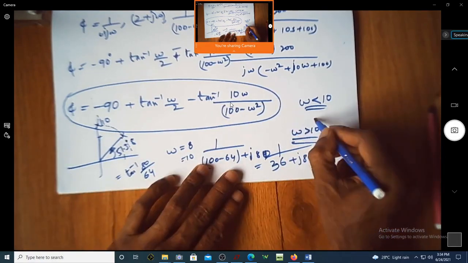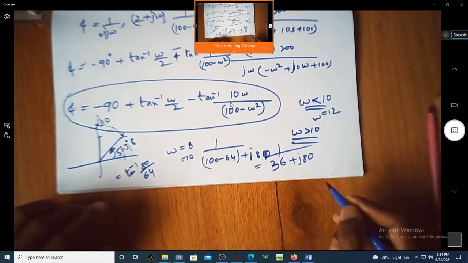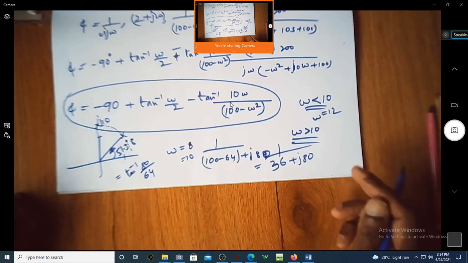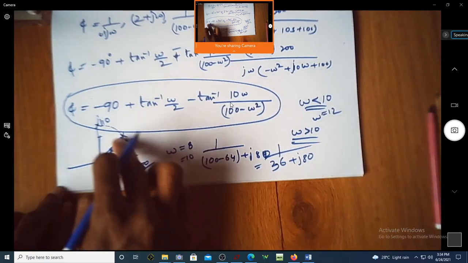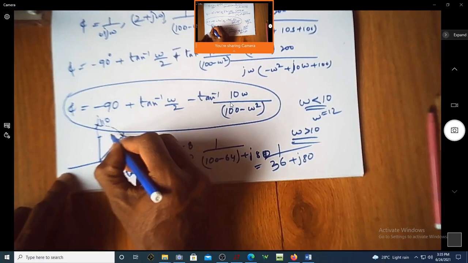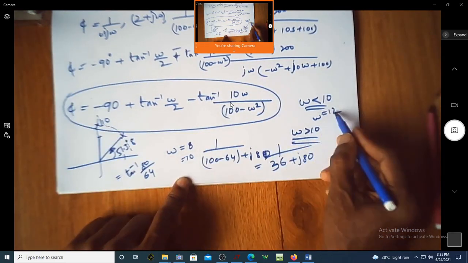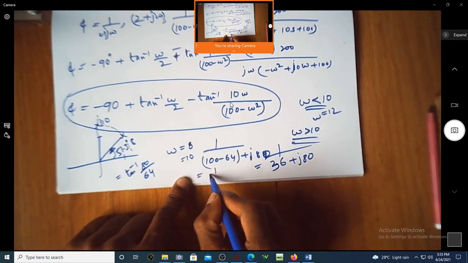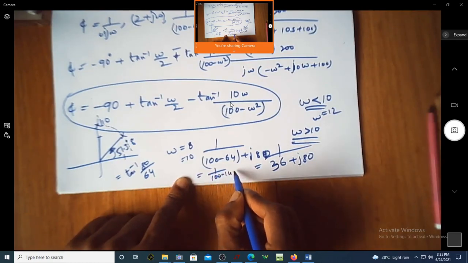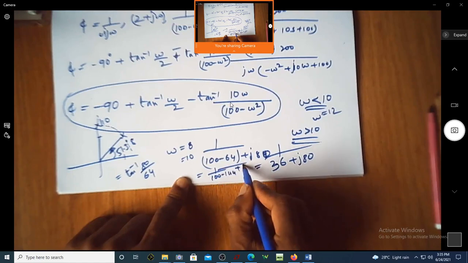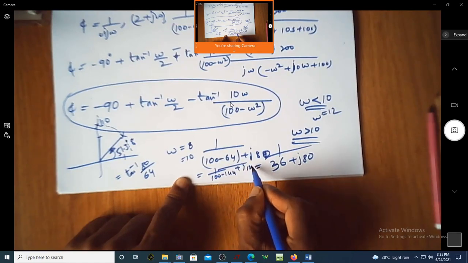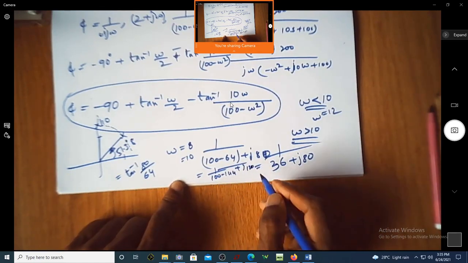Assume that omega is equal to 12. If omega becomes 12, as per our movement, is it not actually 1 over 100 minus 144 plus j120? Correct?